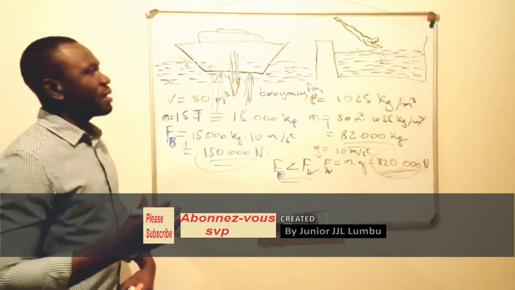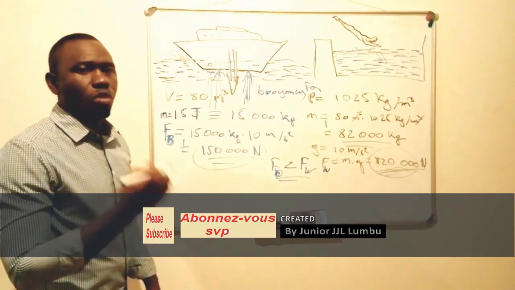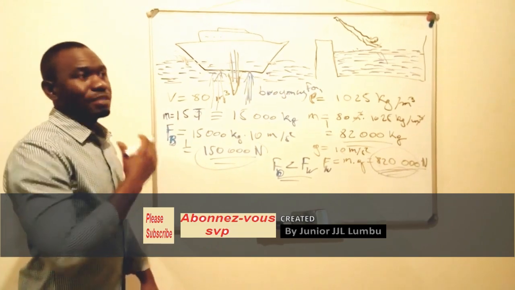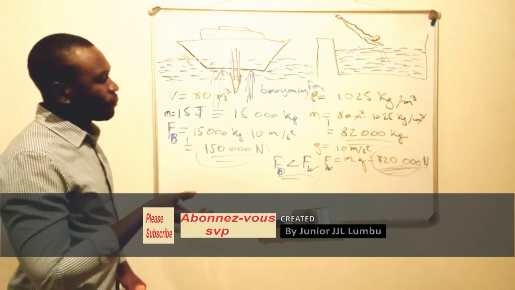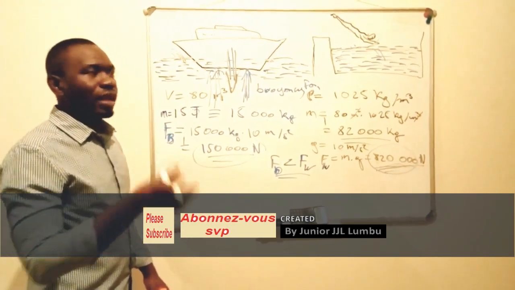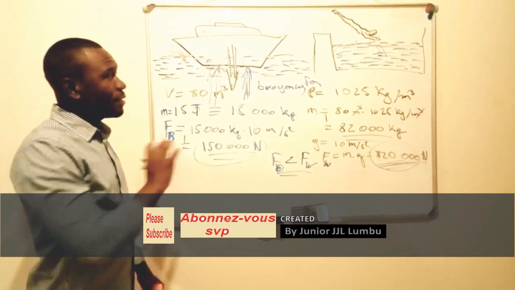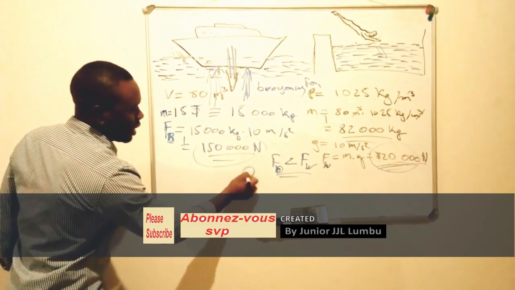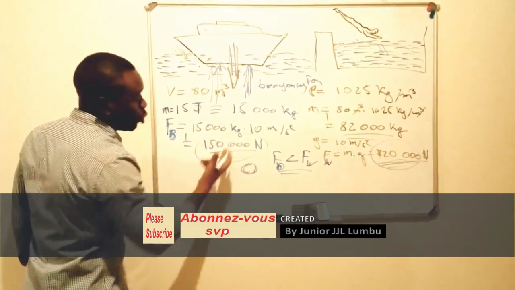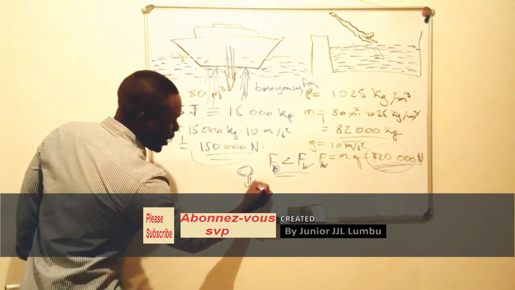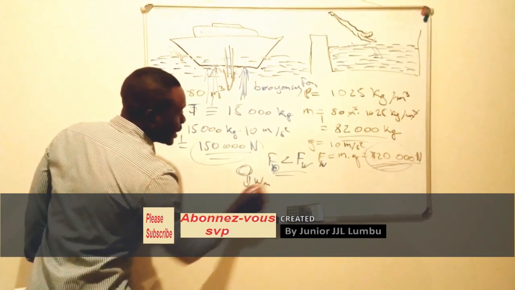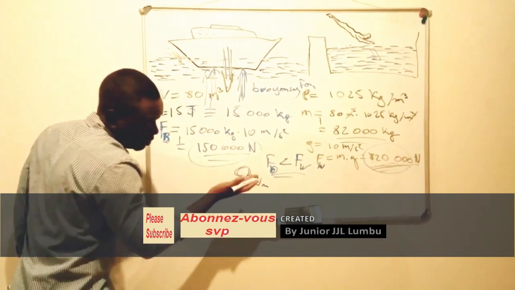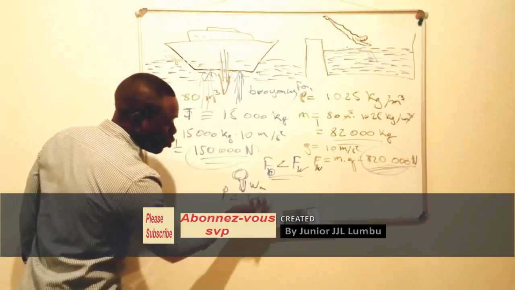The reason why some objects, even though small, sink is that the displaced water, or displaced liquid, weighs less than their weight. That's why, if you put a marble ball in water, it sinks. Why? Because the weight of the marble is higher than the weight of the displaced water.